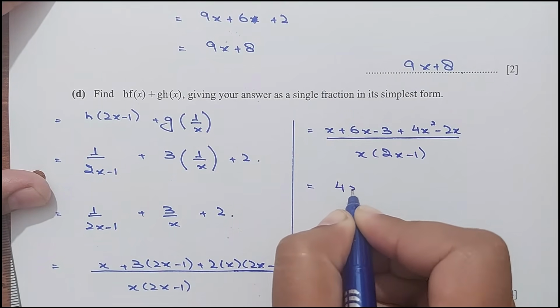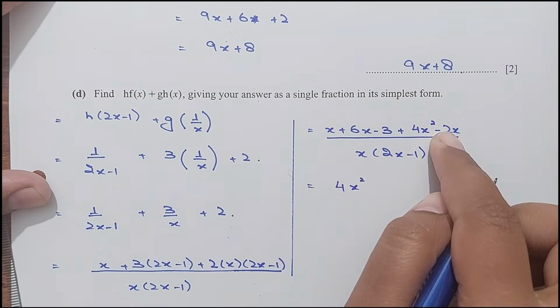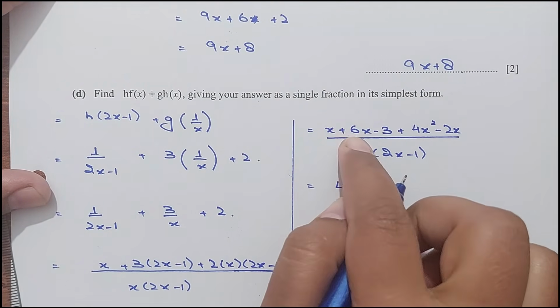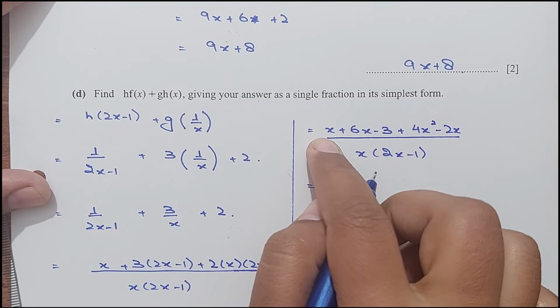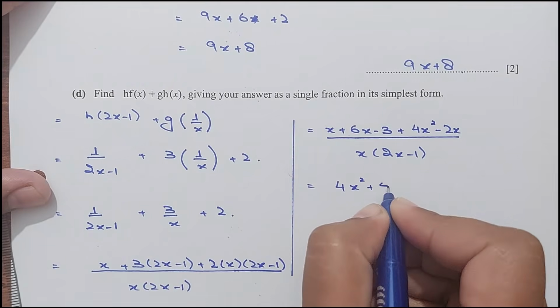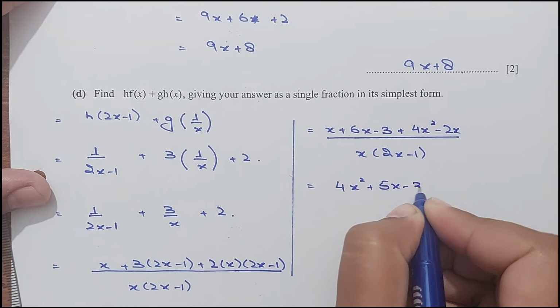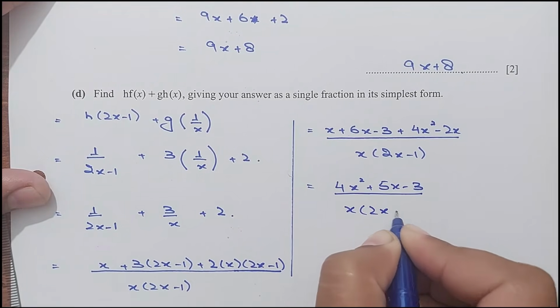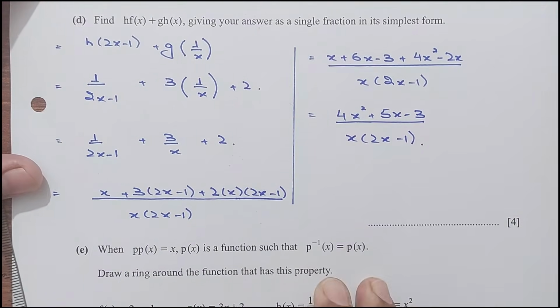So 4x squared, and 6 plus 1 is 7, and 7 take away 2 is 5, so plus 5x minus 3, divided by x times 2x minus 1. This is the simplified answer.